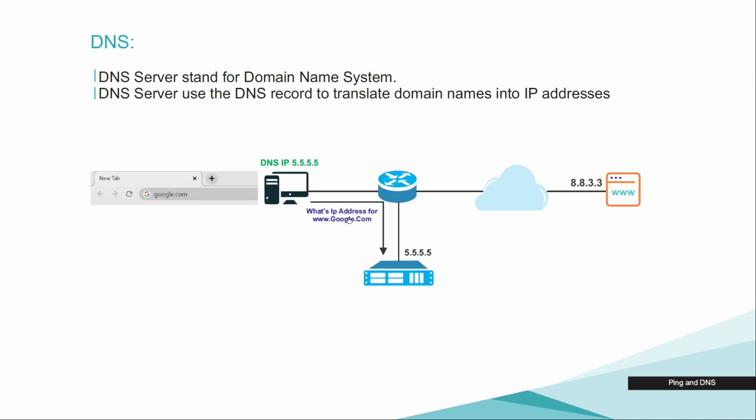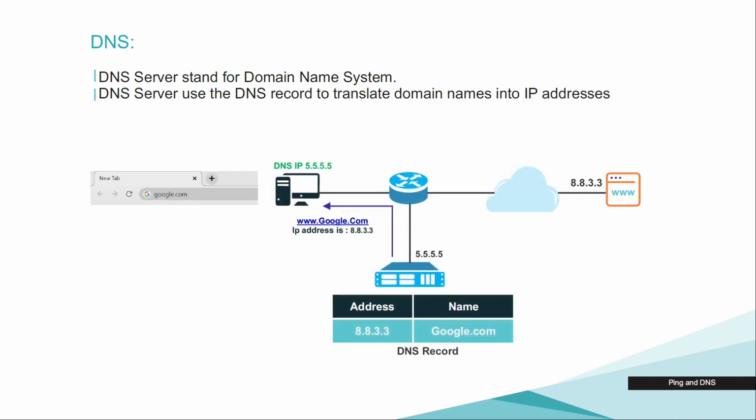As you can see here, I have the DNS server 5.5.5.5. As soon as I type www.google.com, my PC will forward a request to the DNS server, asking what the IP address of www.google.com is.